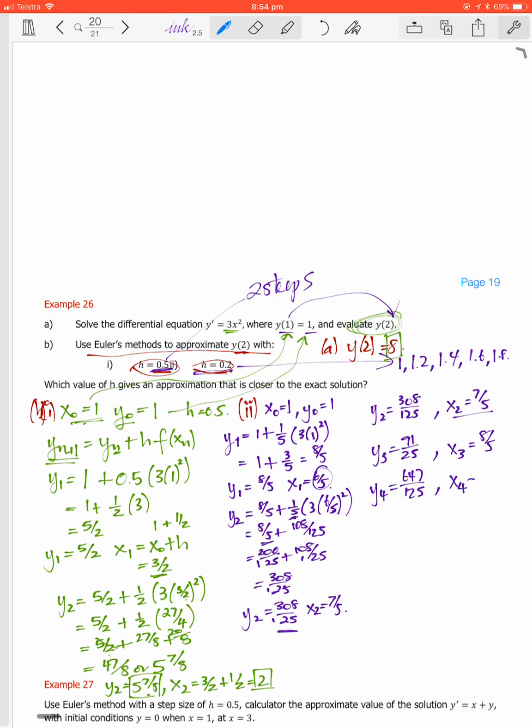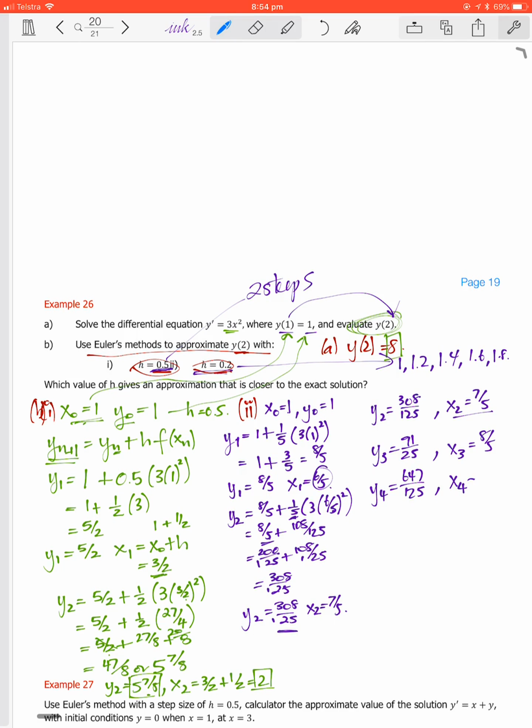Okay, so then we go one more. So 647 on 125 plus 1/5 times f of 9/5. So each new value is always worked off the previous value. So I get 178 on 25. So y5 is 178 on 25. And then x5 is equal to 2.